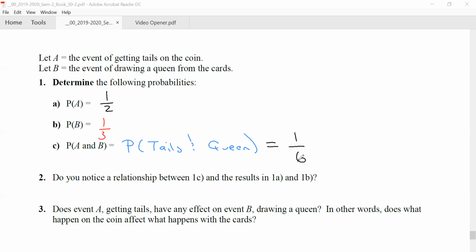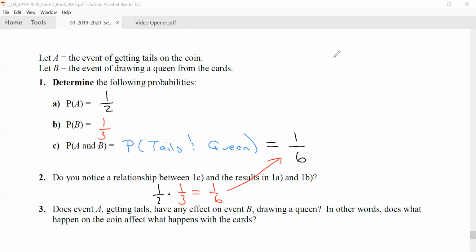Now, it says number 2, is there a relationship between 1C and 1A and 1B? Yes. Do you notice that if I go 1/2 times 1/3, I end up with my answer for C? Interesting.